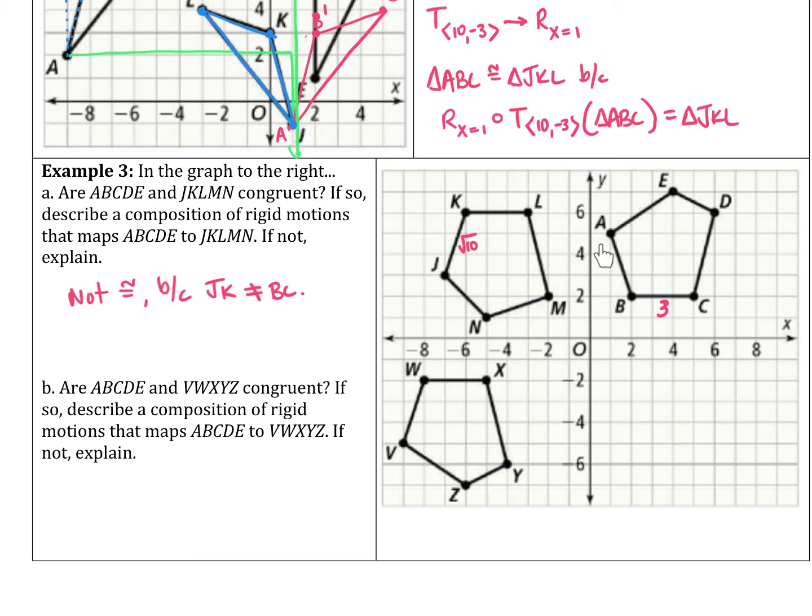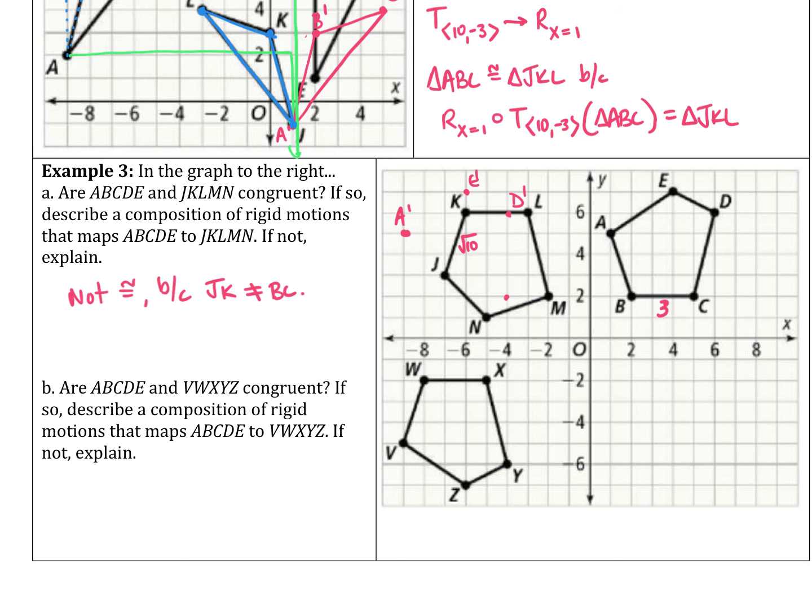Well, let's move by a translation. Let's just translate this pentagon over so it's directly above that. So I'm going to move it by just sliding A to directly above where V is. So A prime would be there, E prime would be here, D prime would end up here, C prime would end up, nope, not there.